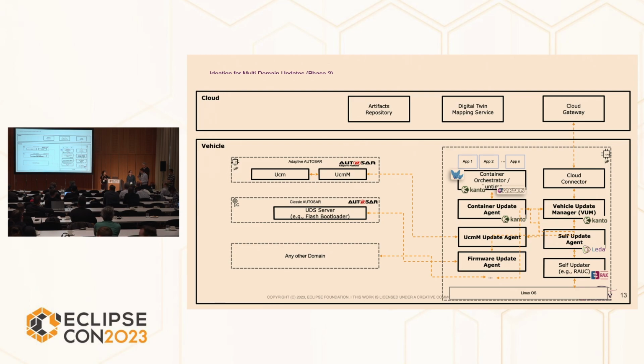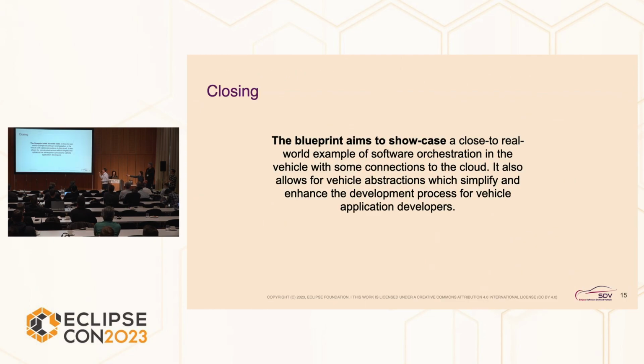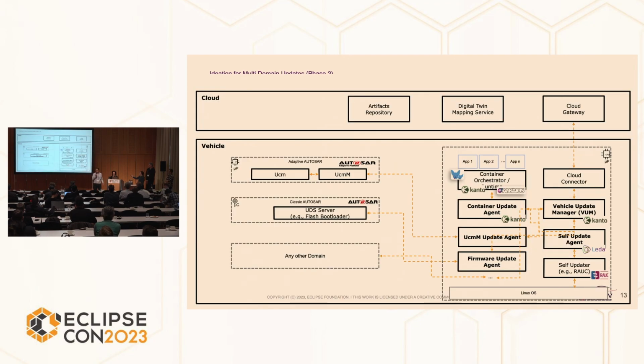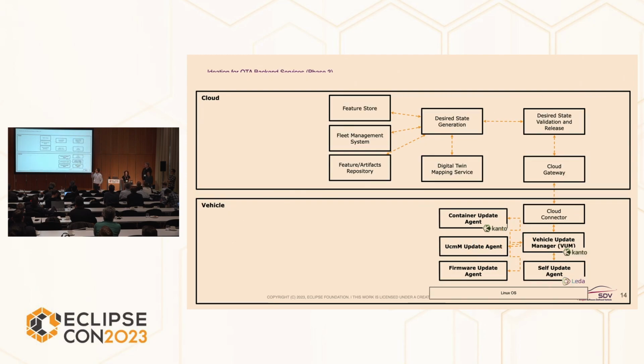Maybe, if it's okay, I'll try to answer this. If you look at the next slide, slide 13, I think it's the cloud next. So you see, before the cloud gateway sends this desired state to the vehicle, there needs to be a validation of this desired state. And the validation includes, of course, also safety-related validations, tests, and releases. So this dynamic part, if it's only in the QM domain, of course you can do that, but whenever the safety world comes into play, then of course you need to consider these checks.